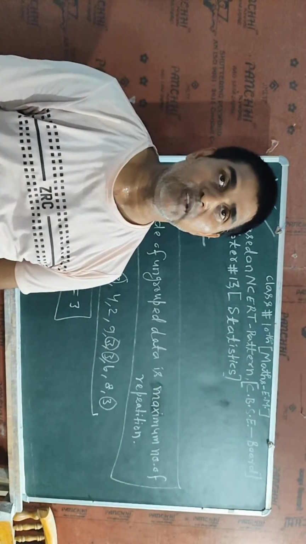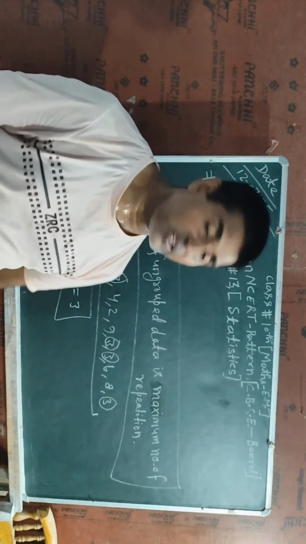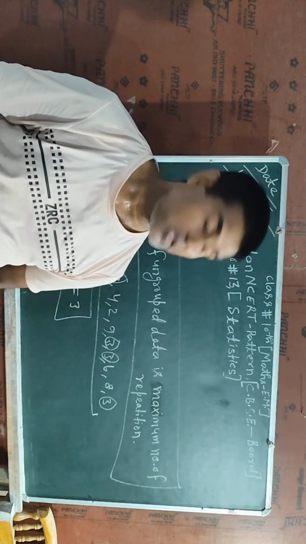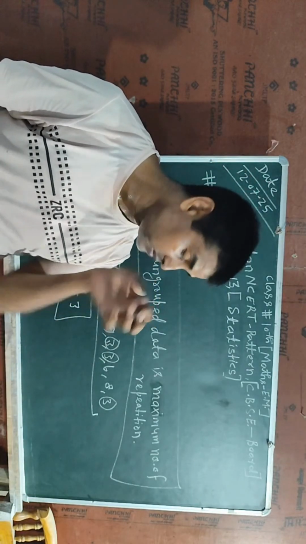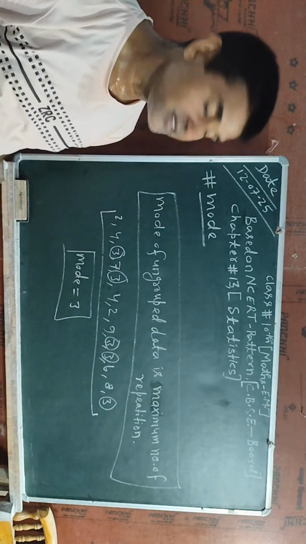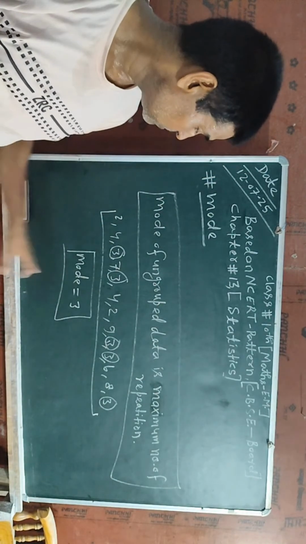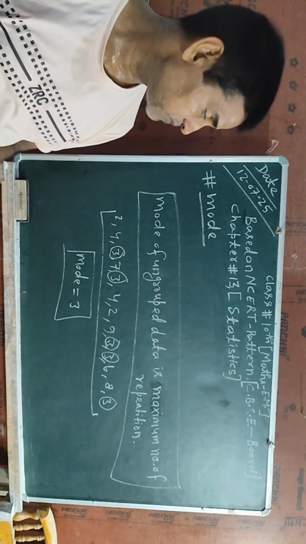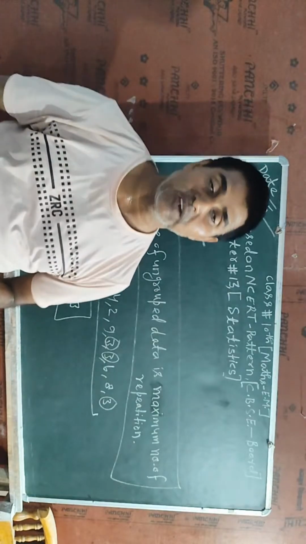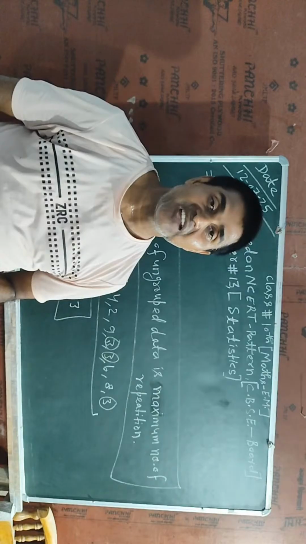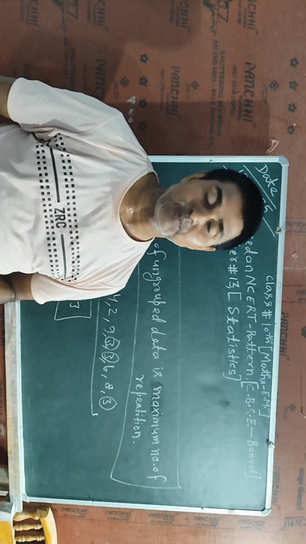This is available in the form of a list, a sequence, which is given in this format. So I will check which number has maximum repetition. That number will be the mod of the ungrouped data. Okay students, if ungrouped data is given in tabular form, we will decide which frequency has the maximum value.